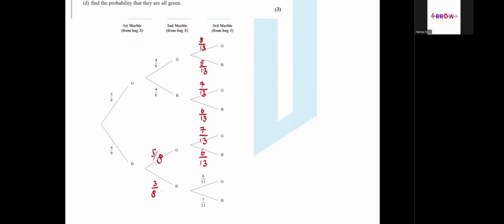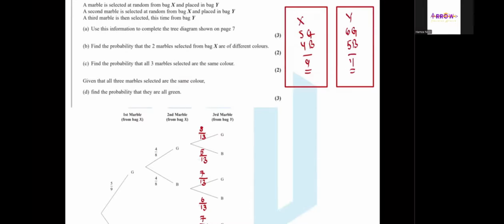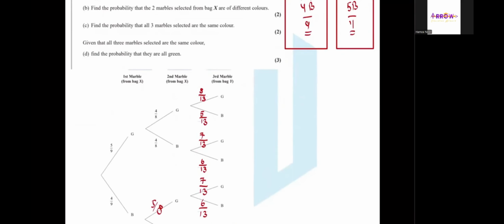When the first marble from bag X is green, as we know from the summary, the total marbles in bag X is 9, out of which 5 are green and 4 are blue. So if you are picking the first marble from bag X, which is green, the probability of a green marble is 5 over 9.